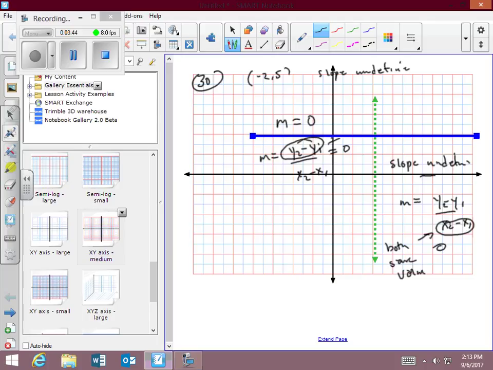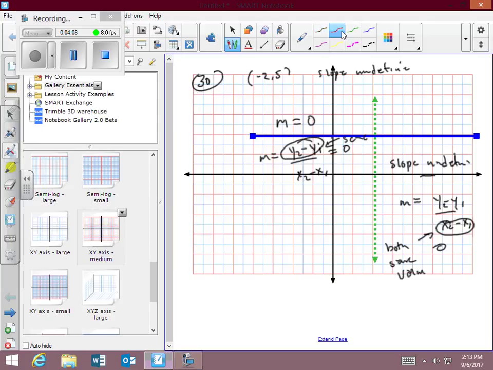These have to be the same. So a horizontal line is always going to be the value of whatever the y is that's repeating.